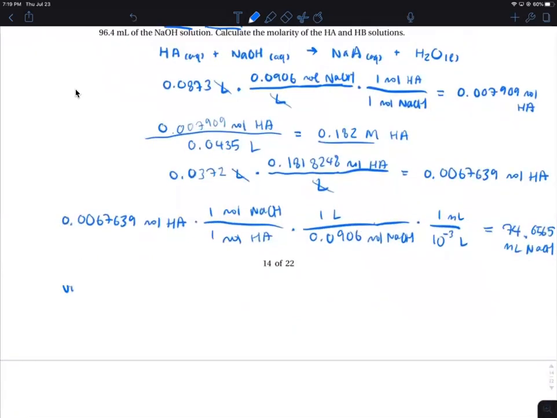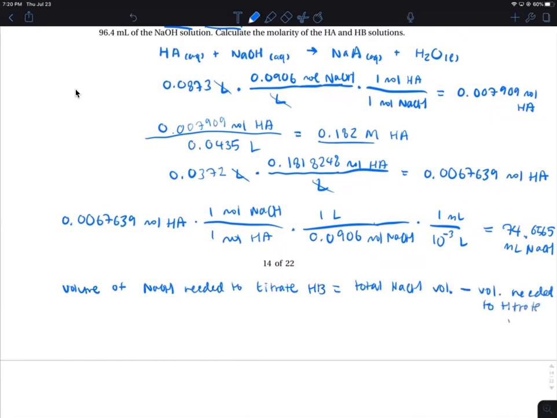All right, so the volume in milliliters of NaOH needed to titrate HB is just going to be the total volume minus the volume needed to titrate HA.